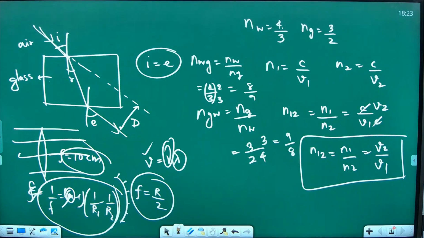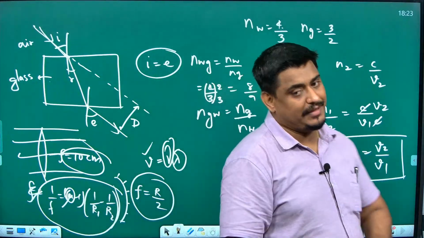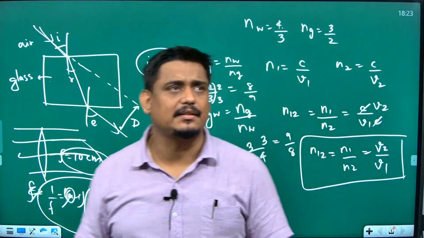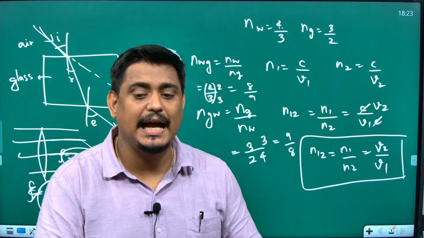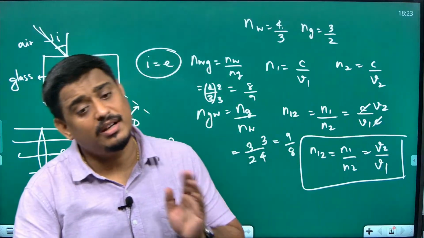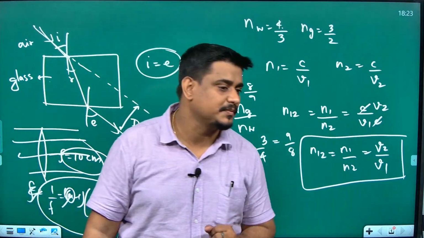Then we have to learn about concave lens and convex lens. I have said this to you earlier also, once again I am repeating that convex lenses have similar behavior to concave mirror and concave lenses have similar behavior to convex mirror.